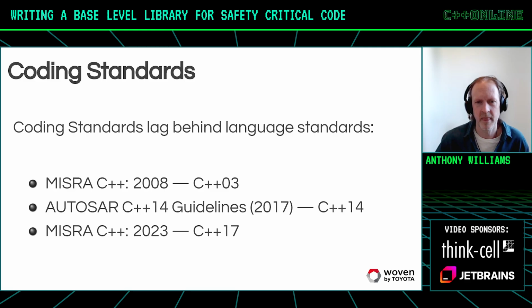Just curious. So yes, the answer to that is that we are using a mix of C++14 and C++17, because we have code that either must conform to the AutoSAR C++14 guidelines or the MISRA C++ 2023 guidelines. And so that is where we're at.